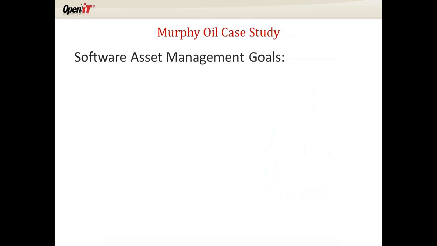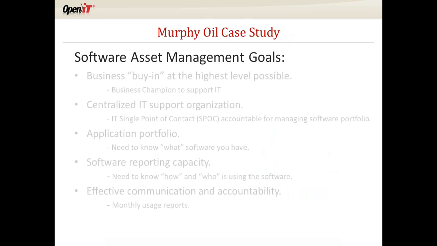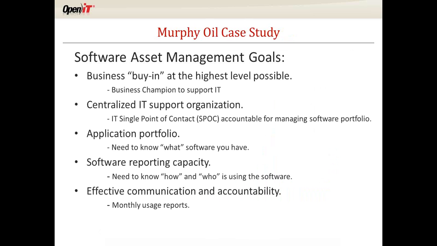So I'm going to jump into the case study, and just at a high level, our case study is with Murphy Oil, and when they went to the marketplace, these were their goals when they were looking for a tool. Again, we mentioned they're looking for buy-in at the highest level. They were looking for a champion, an executive to support IT in this. They were looking for a single point of contact for managing their software portfolio from an accountability perspective.